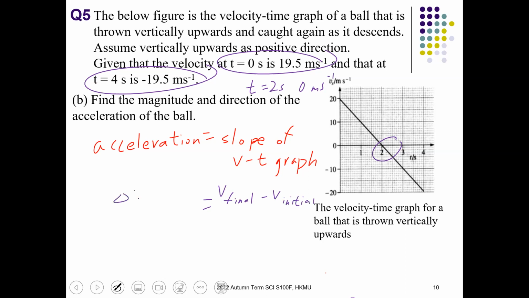This is what we refer to as delta V. Slope, you can consider this as differentiation, dV or delta V. For the denominator, this is referring to the time axis, so that we have final time minus initial time. In this graph, we consider the final point is t equals to 4 seconds.